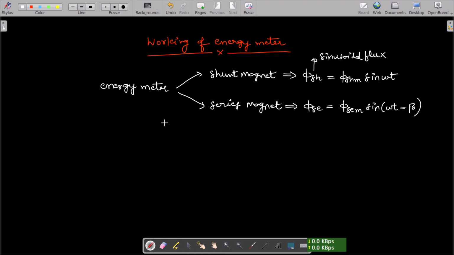Now the shunt magnet has a shunt coil, and that shunt coil is connected parallel to the load. So the shunt magnet will produce a flux phi sh which will be proportional to the load voltage, because the shunt magnet's coil is connected in parallel with the load voltage.